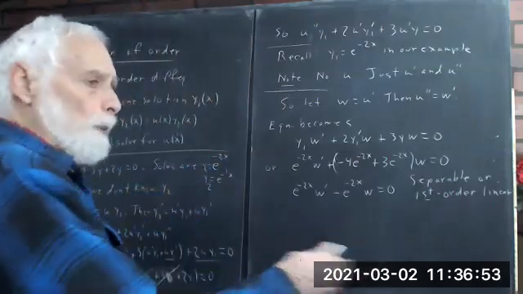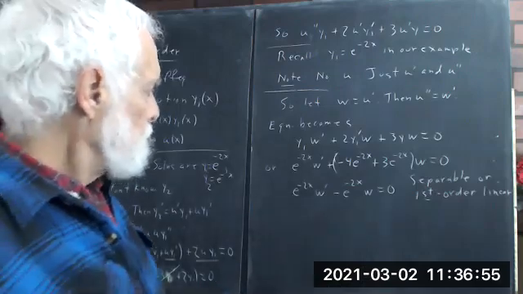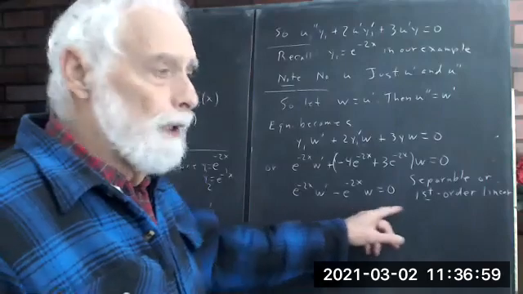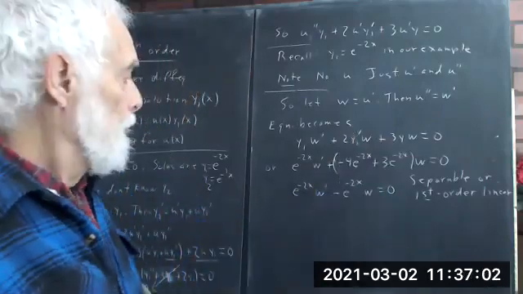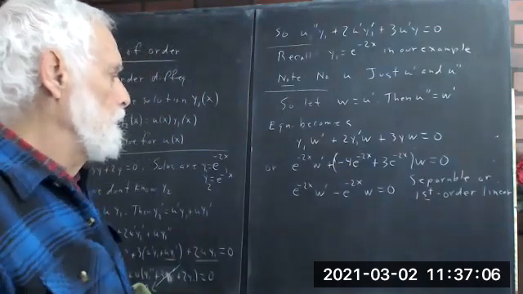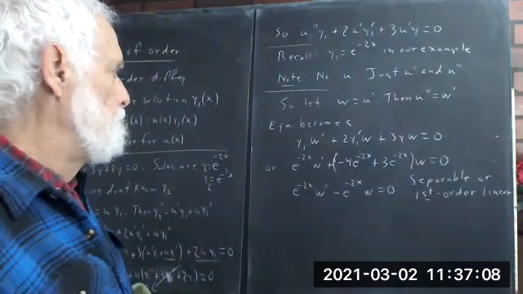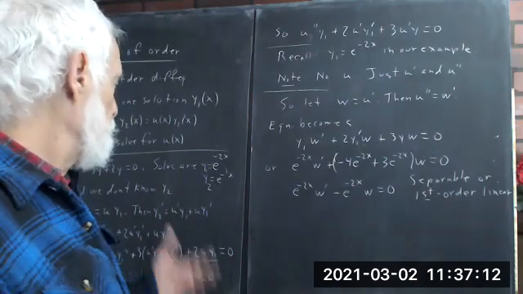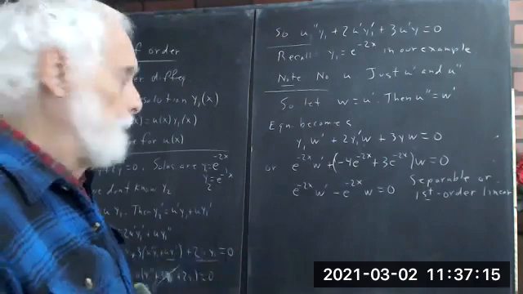If we put it in standard form of a linear equation, we're going to divide by e to the negative 2x. We're just going to get w prime minus w equals 0. Something I don't like about that because it doesn't seem to give us the right solution. Let's see. Okay.